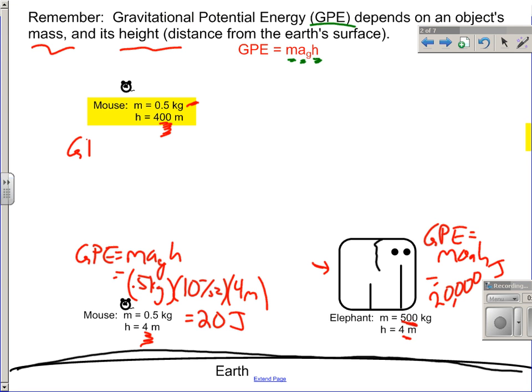So his GPE is mass times acceleration of gravity times height. You get 0.5 times 10, which is 5, times 400 gives you 2,000 joules. So now the mouse has more gravitational potential energy because we've increased the height.